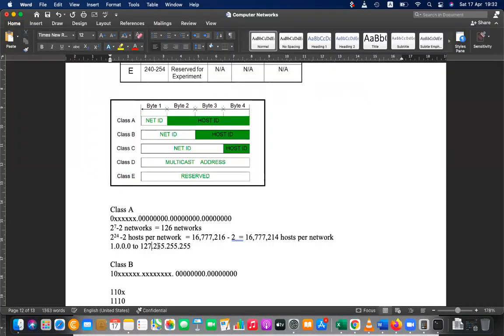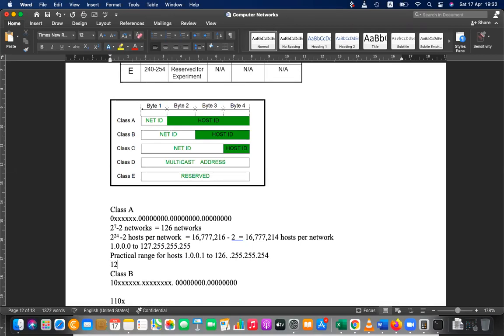Okay, you write like this. But let's write the practical range too. The practical range for hosts is 1.0.0.1 to 126.255.255.254. This 255, if you use it, is used for broadcasting. Therefore, this is the range.